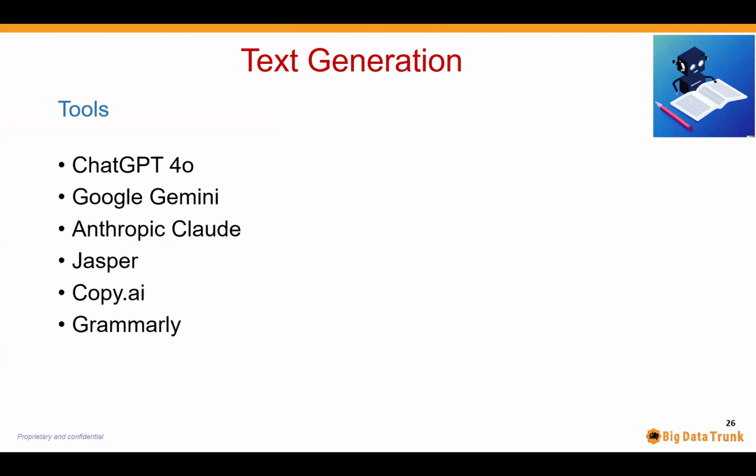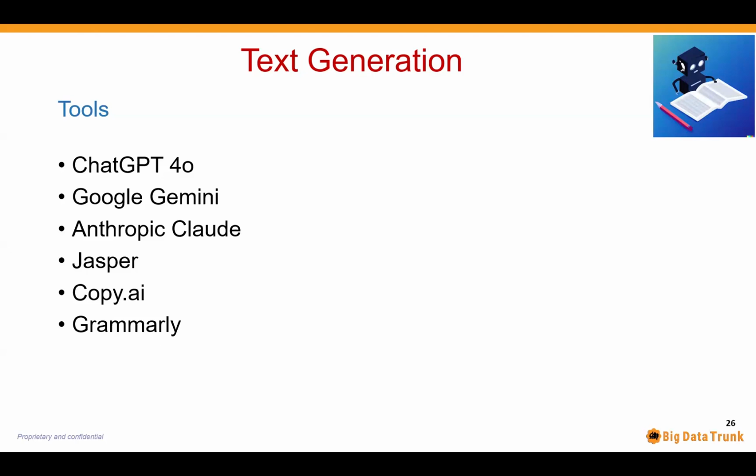And then, for more specific use cases like creating social media content or helping you with fixing your grammatical errors and suggesting a better sentence formation or generating new sentences in the place of your old ones, tools like Grammarly.